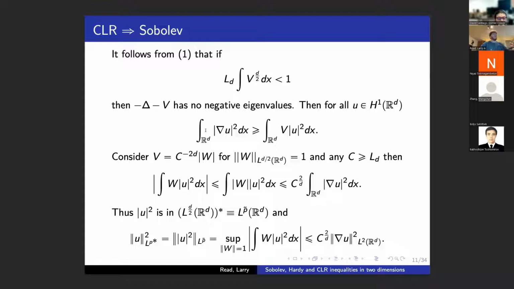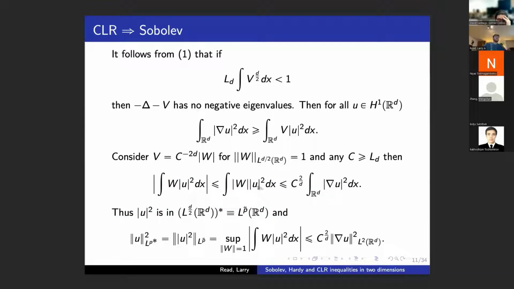So if we now consider v in the following form in terms of some potential w, where the L^{d/2} norm of w is equal to 1, and you take any c greater than the constant in the CLR inequality, then of course this implies this.